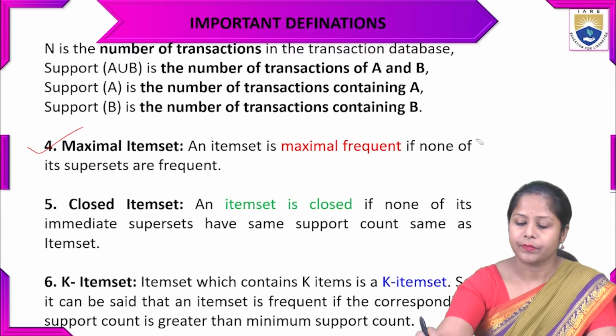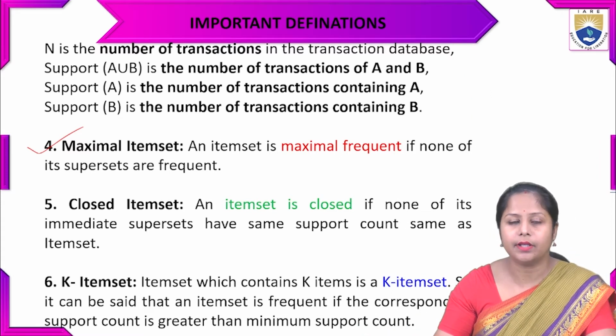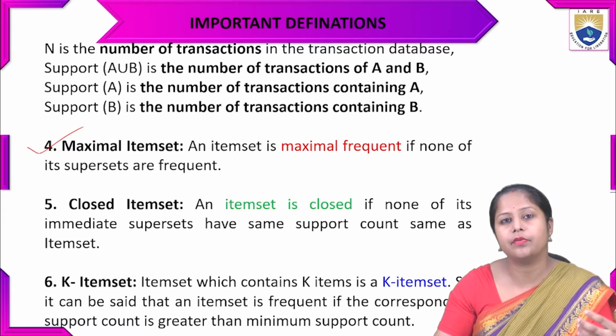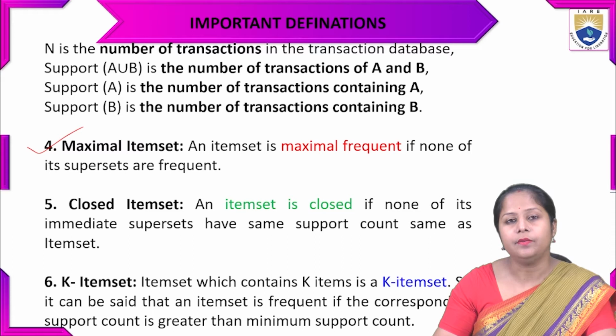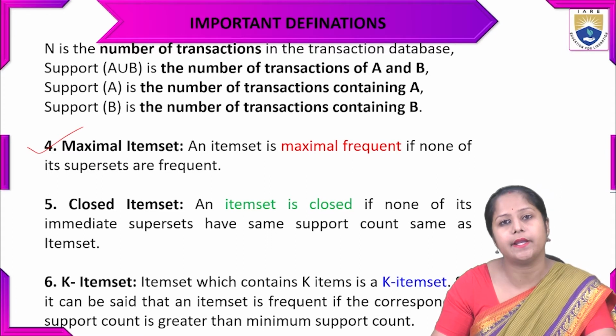So here the next term is maximal item set. What is a maximal item set? It is an item set that is maximal frequent, frequently occurring to the maximum for the item sets. If in any item set most of the items are frequent, say out of 5, 4 are frequent, we call it a maximal item set.